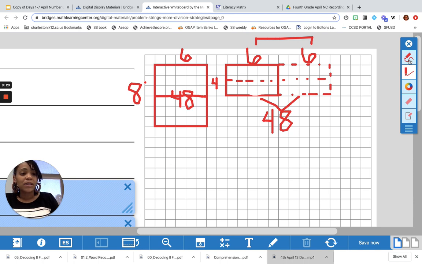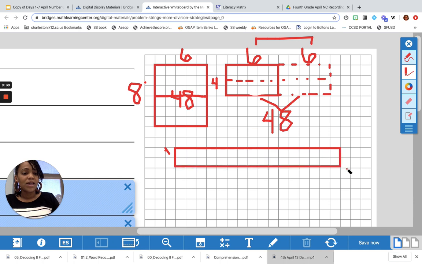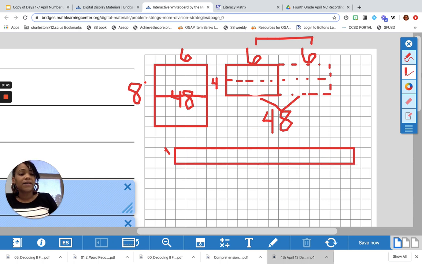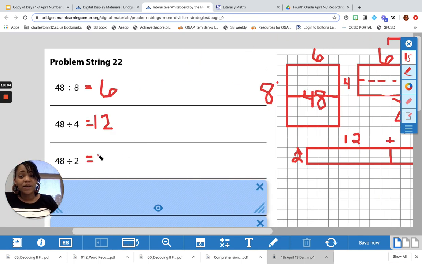So now it would look something like this. Oops. Let me do this the right way here. It might look something like this. Instead of having 4, I now have 2. I had 12 when it was about this long. So now what am I doing? I'm doubling my quotient. Which means, what is my answer? My answer is 24. Very good.